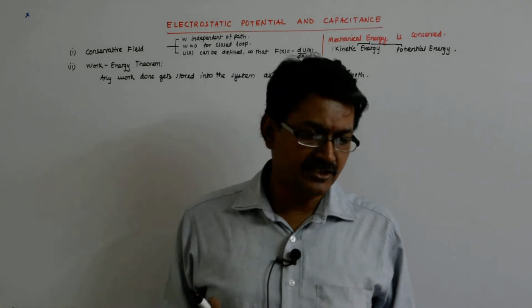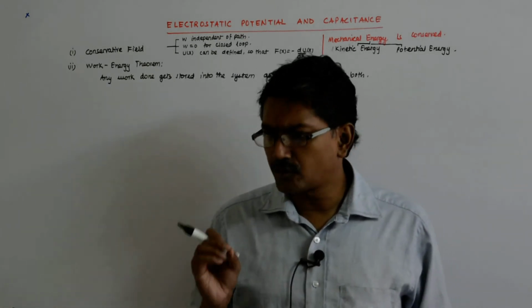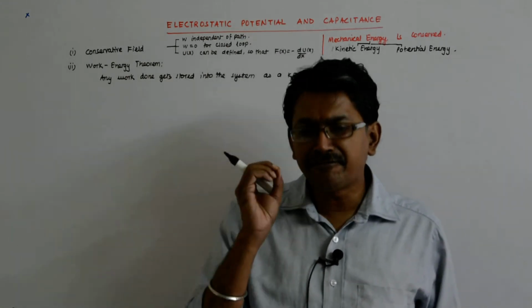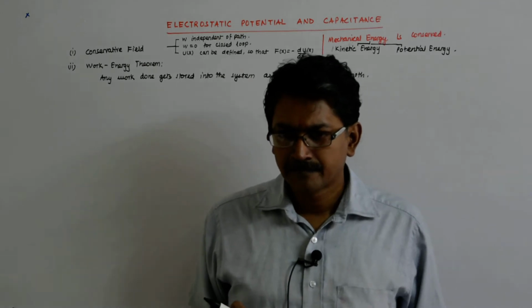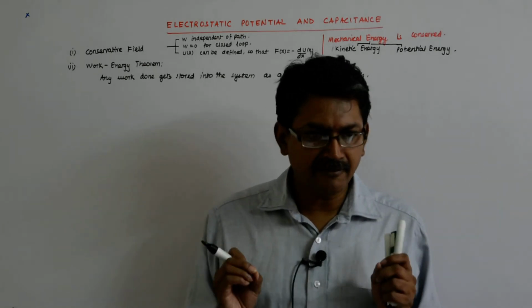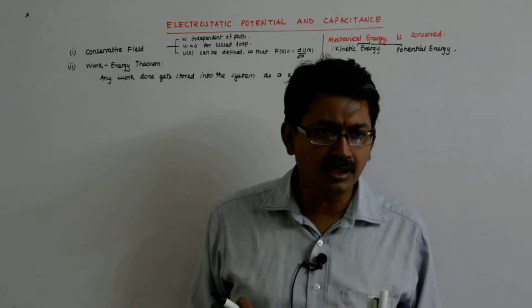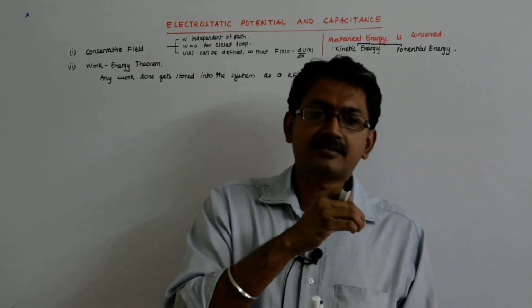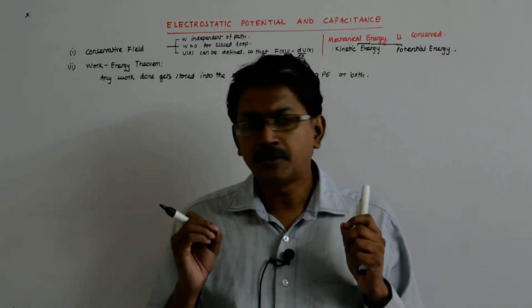And what is the kinetic energy? Half mv square. So I have to restrict the v. So I have to keep my v infinitesimally small. You get the point? That's why all my work done gets translated into potential energy.